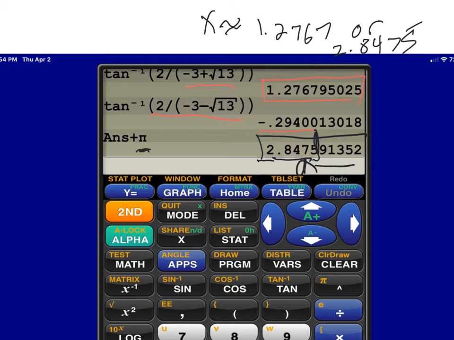Let's see if we're right. This was a hard problem because it was an arc cotangent and we had a negative answer. Oh, man, I lost the page again.